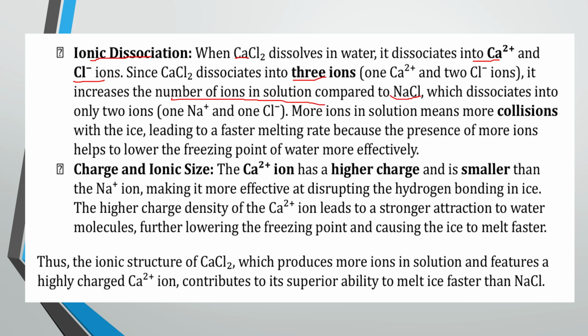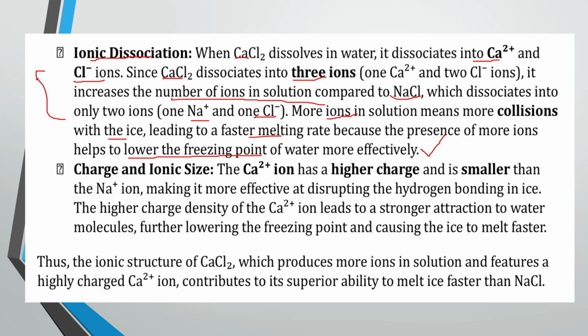When sodium chloride dissociates, it gives 1 ion of sodium and 1 ion of chloride, so 2 ions, which are fewer than those given by calcium chloride. With more ions present in the solution of calcium chloride, collisions with ice are going to be faster as compared to sodium chloride, and therefore calcium chloride is going to lower the freezing point of water more effectively. I hope you have understood that.